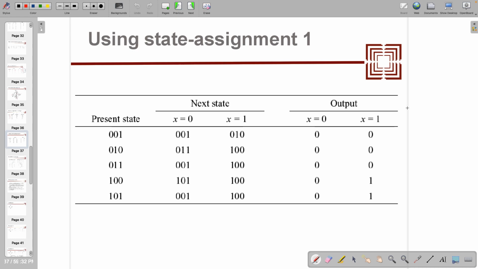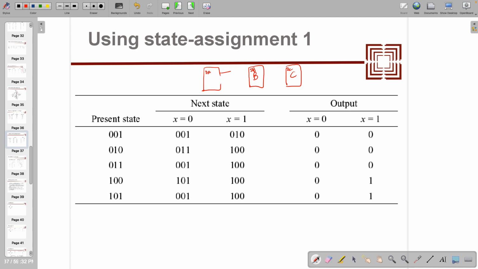So by the way, how many flip flops are required in this case? 3 flip flops, right? 3 flip flops, each will have name called A, B and C. Each will have one input DA, DB and DC, and at the same time each will have the output.